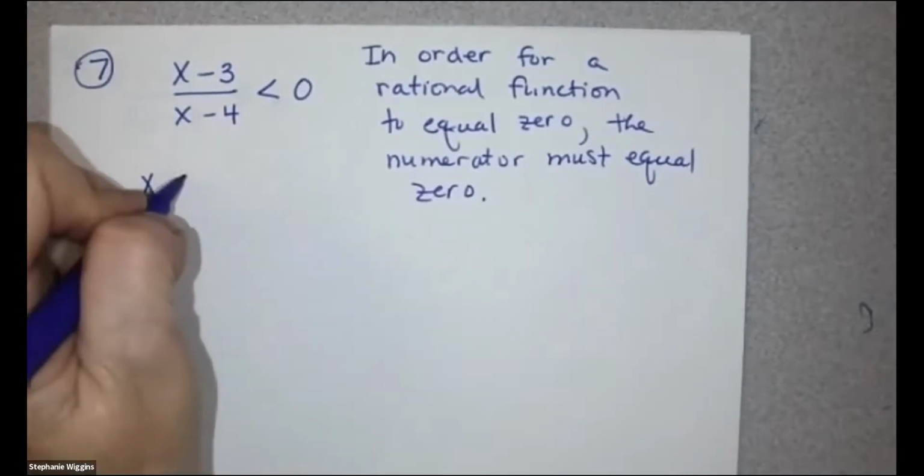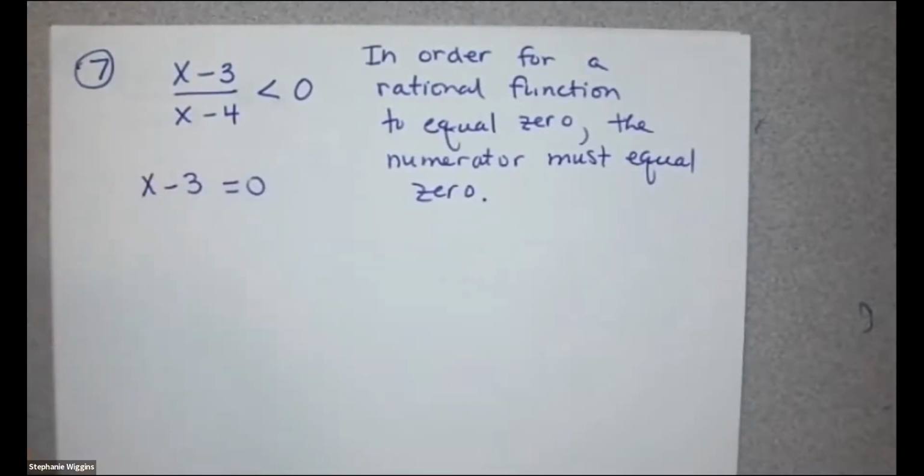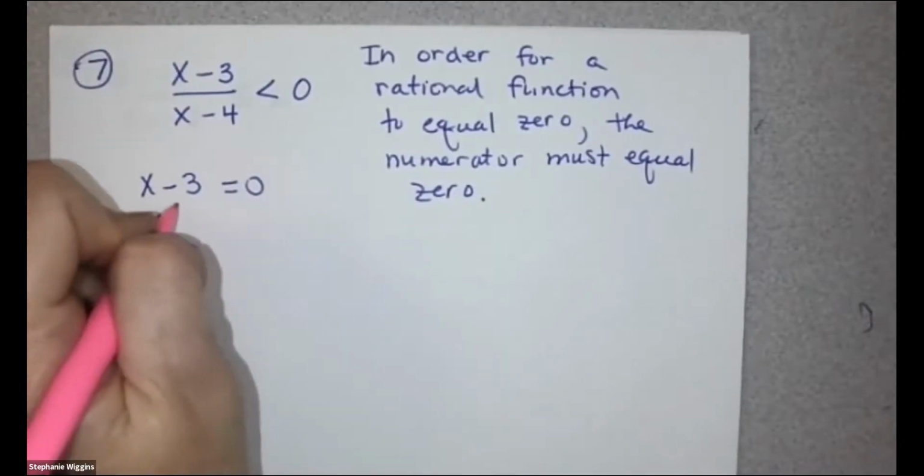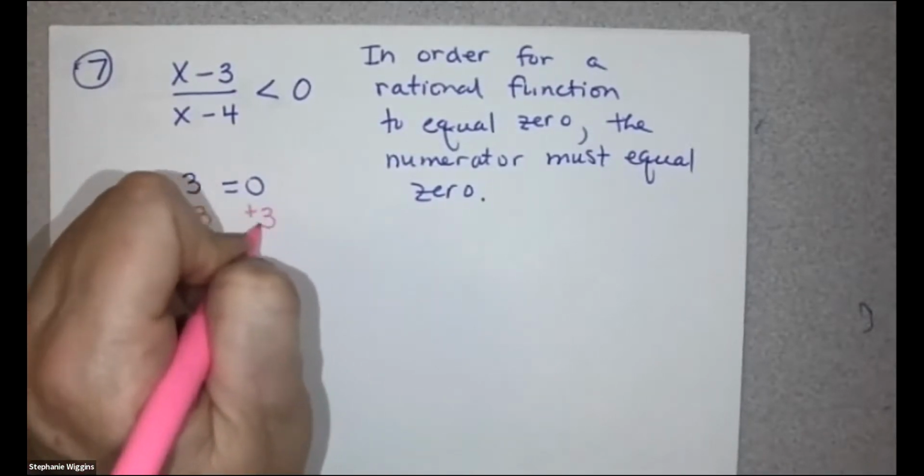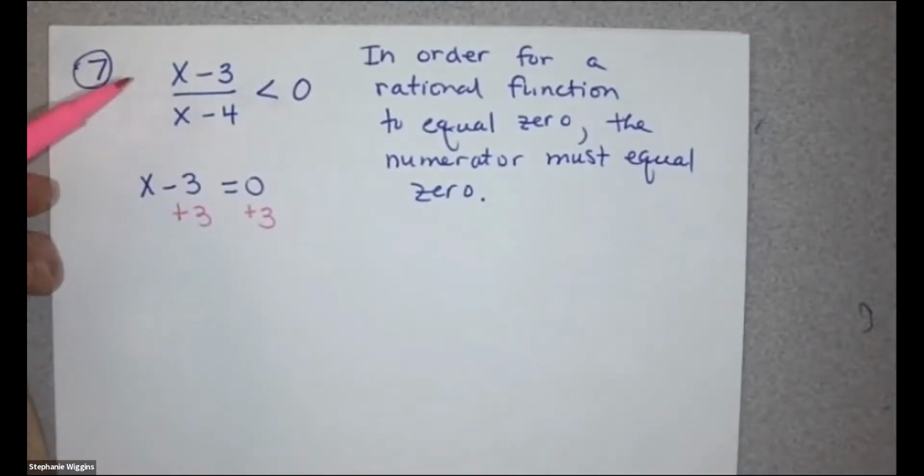Okay, so x minus 3 equal to 0 will give me the 0, because x minus 3 is the numerator.